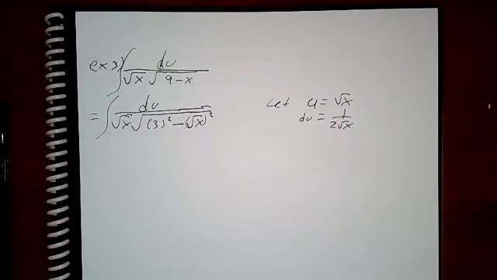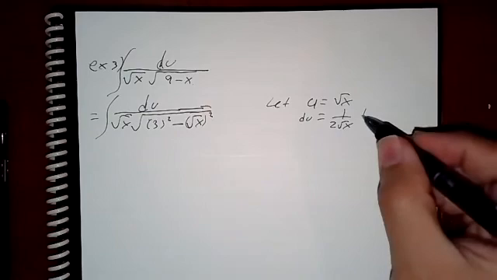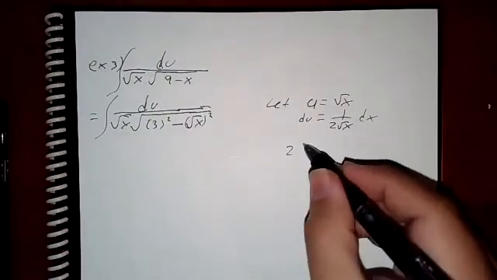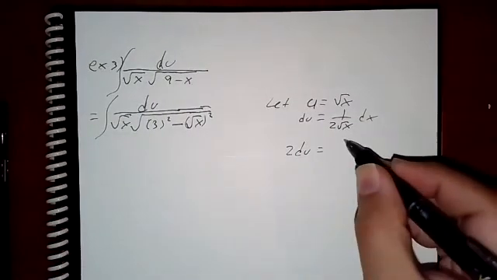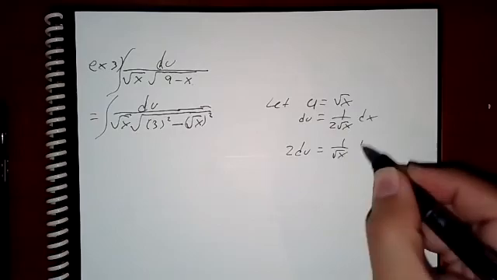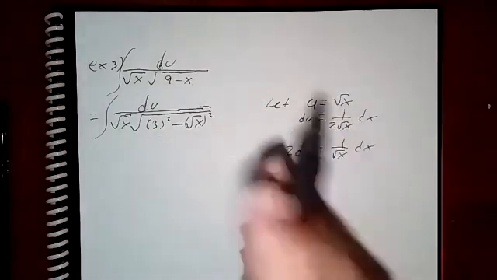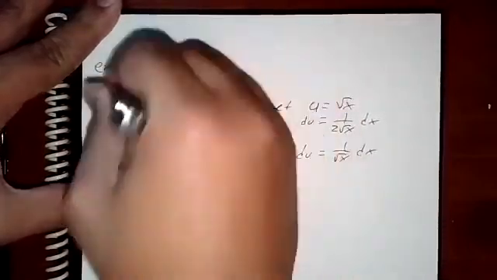Okay, so get rid of that 2, so that'd be 2 du equal to 1 over square root x dx. So I have that part. You know what, let me rewrite this, it's bothering me. Just make it neater. It's the exact same thing, just a little prettier.